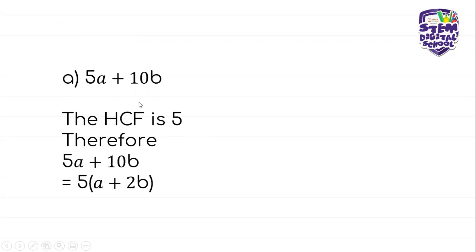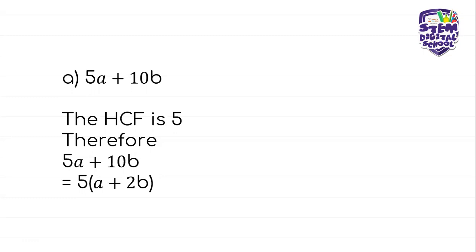As you can see here, we have just said that the highest common factor is 5. Therefore, 5a plus 10b is equal to 5 into a plus 2b. So that's how we define or characterize the factorized expression.